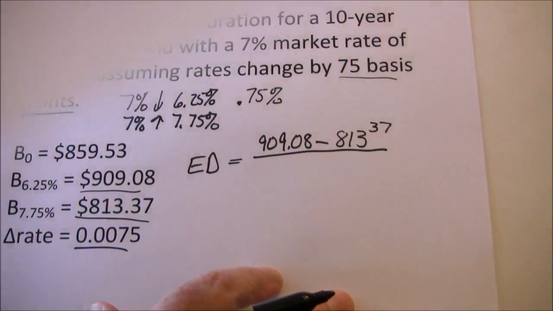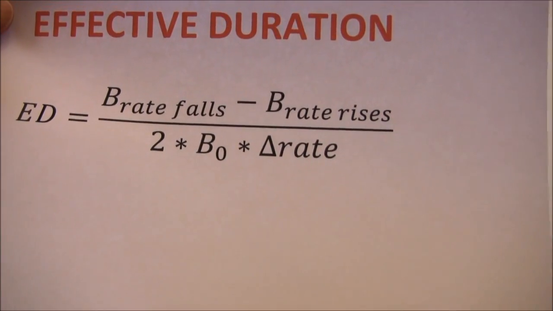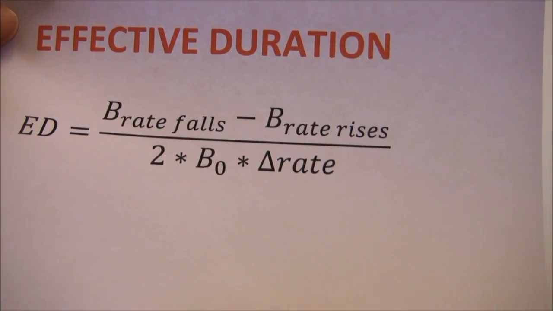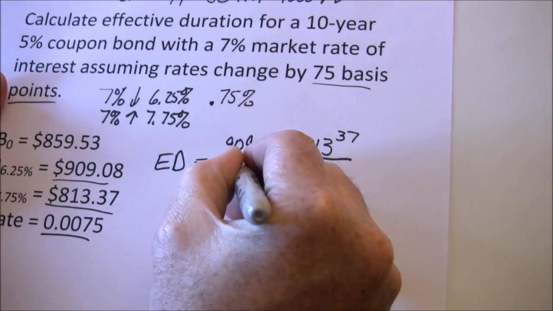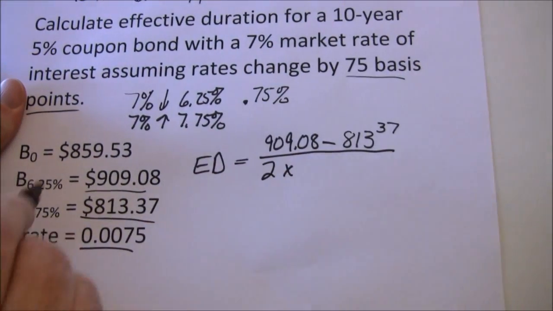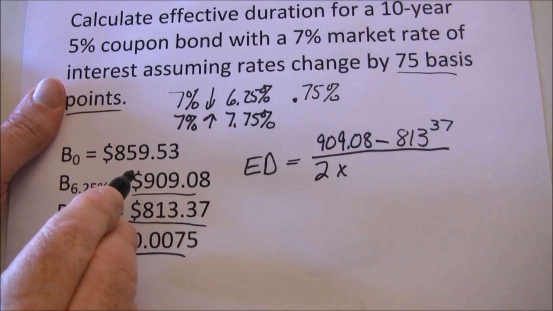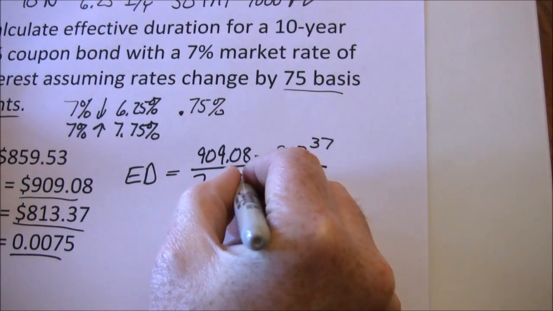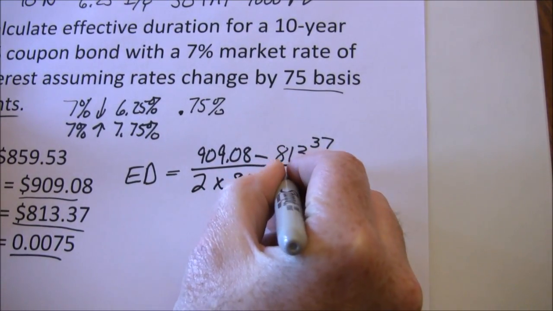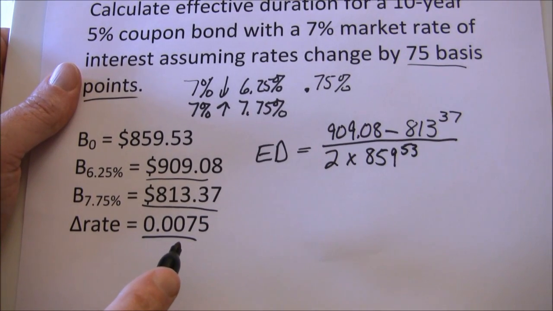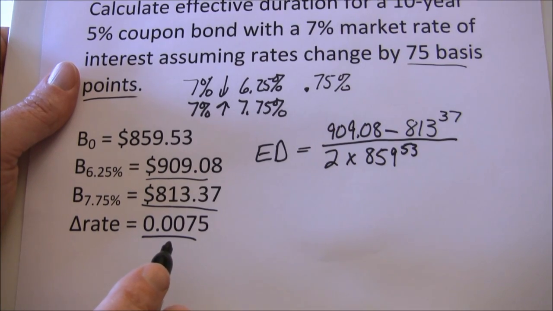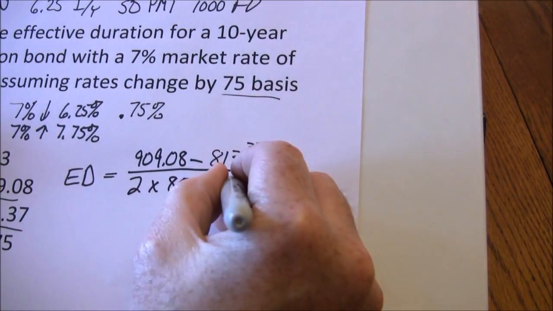And we want to divide by 2 times the original bond price times the change in rate. 2 times the original bond price, $859.53, times the change in rate, which was our 75 basis points, 0.75%, or in decimal format, 0.0075.